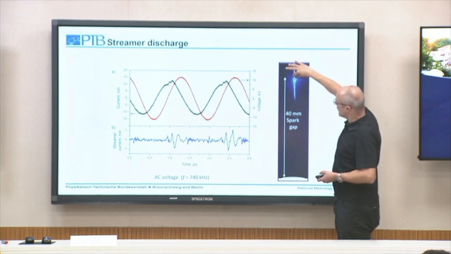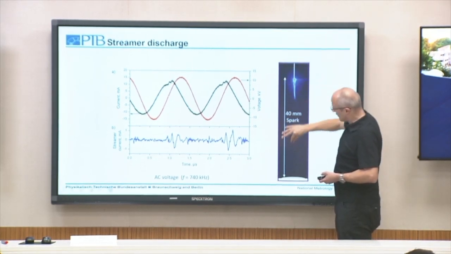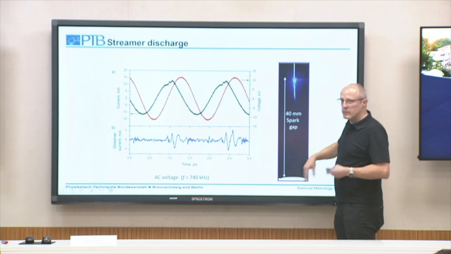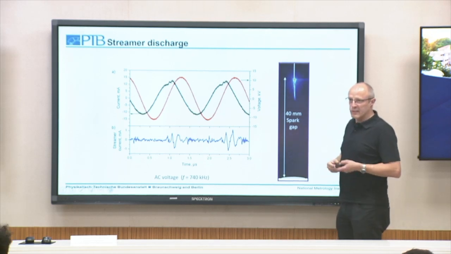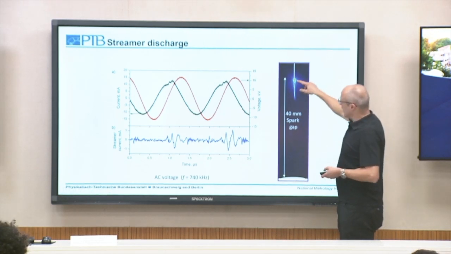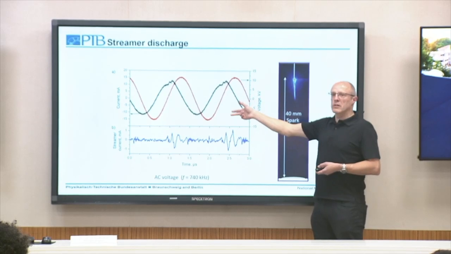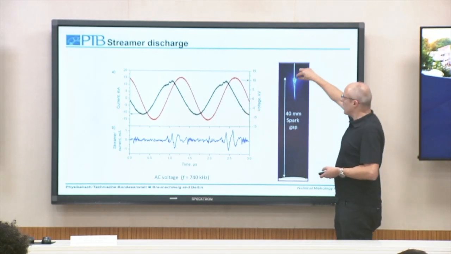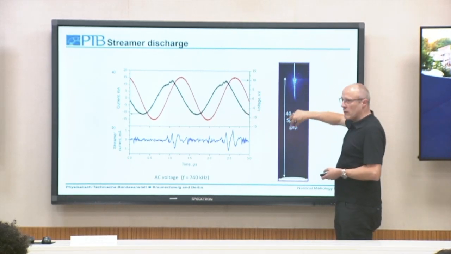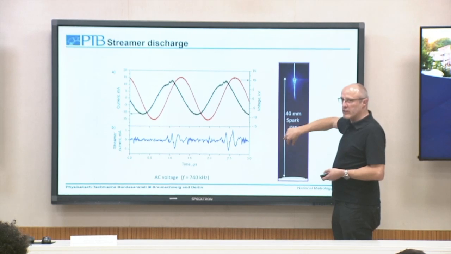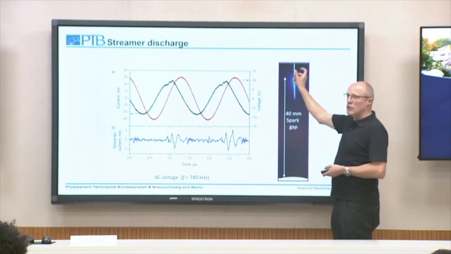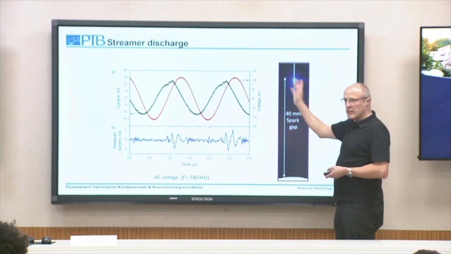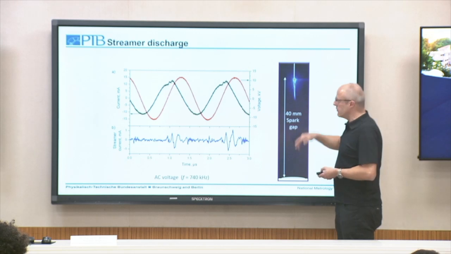So the streamer wants to go from here to here. This breakthrough wants to occur. However, it cannot happen because we change the electrical field. So the streamer starts, the electrons are going this way, and suddenly we change the electrical field, so the electrons have to go back. And we do this very fast and very often.